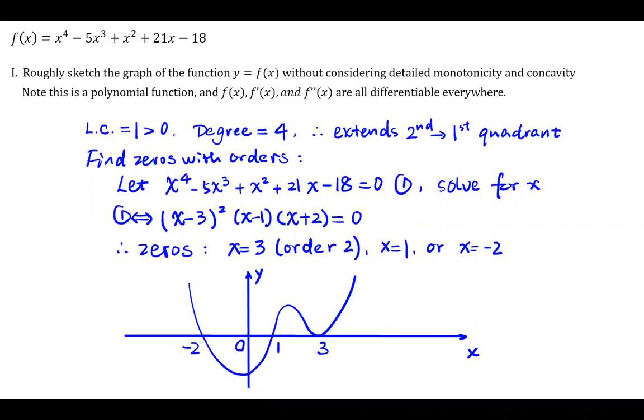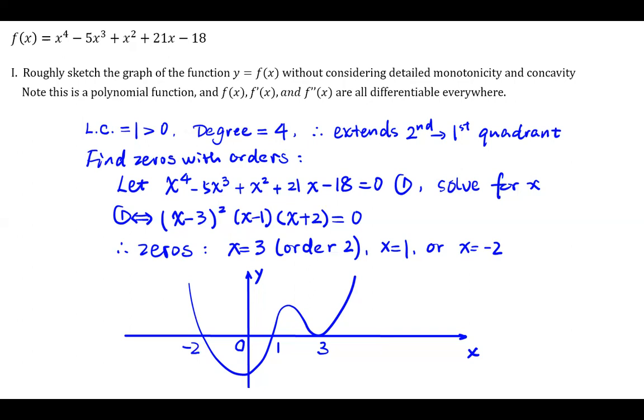So you need to factorize the left side. Then the factorized form of that equation is (x minus 3) squared times (x minus 1) times (x plus 2) equals 0. Then we can find the zeros, which are x equals 3 with order 2, x equals 1 with order 1, and x equals negative 2 with order 1 as well.